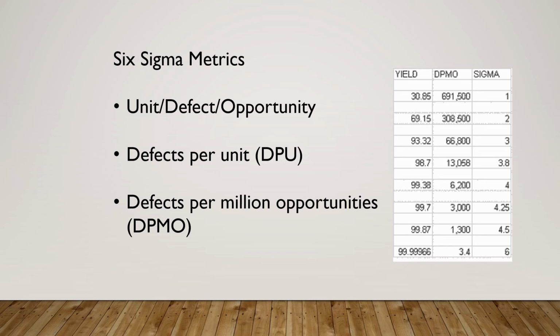Some companies call DPMO parts per million, or ppm. The formula for DPMO is equal to the number of defects divided by the number of opportunities times the number of units times 1 million.